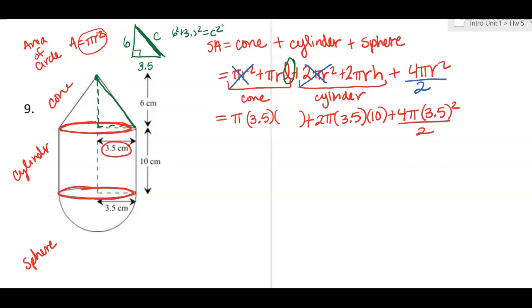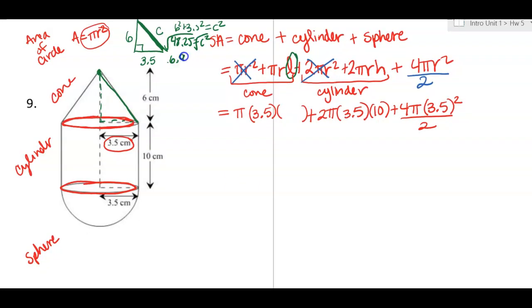So on my calculator, if I calculate 36, which is 6 squared, plus 3.5 squared, let's see, I get 48.25. And then I'm going to go ahead and take the square root of that, which gives me 6.9.